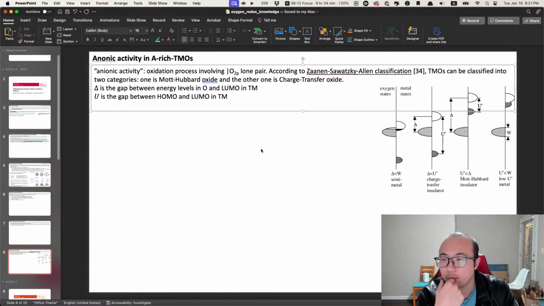Okay, W is the width. Okay, so there are two cases.